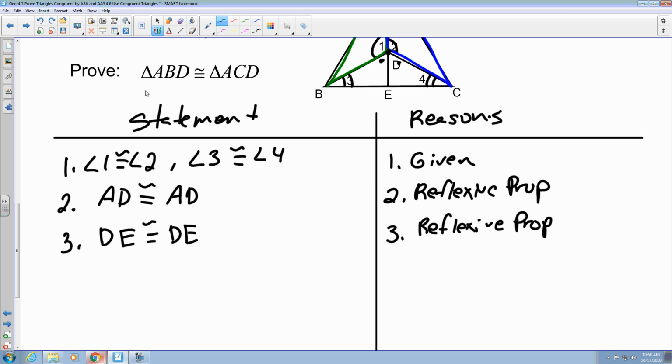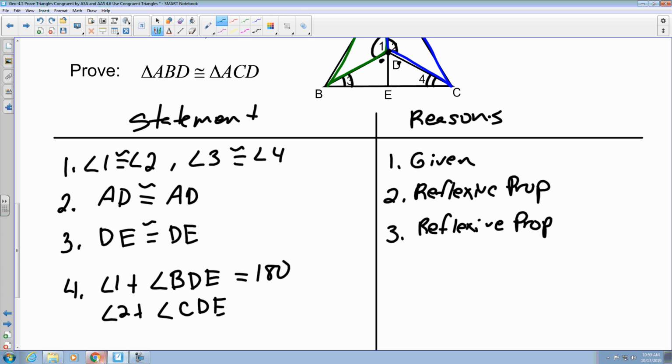So for step 4, I can say that angle 1 plus angle BDE will equal 180 degrees, and angle 2 plus angle CDE will also equal 180 degrees. And this is by definition of supplementary angles.